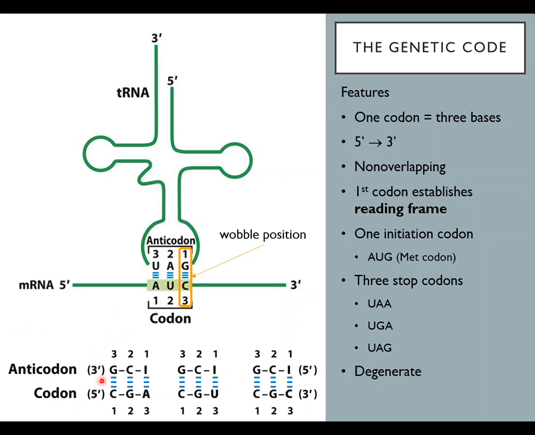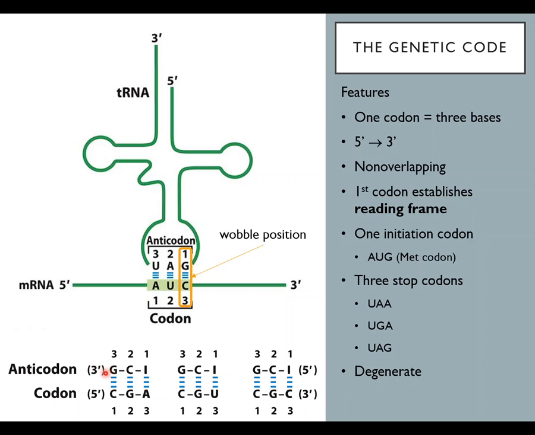But for example, if you have a codon like this, CGA, an anticodon that's GCI. I, by the way, is a modified nucleotide that is mostly found in transfer RNAs, and it has the property of being able to base pair more non-specifically than the normal bases.